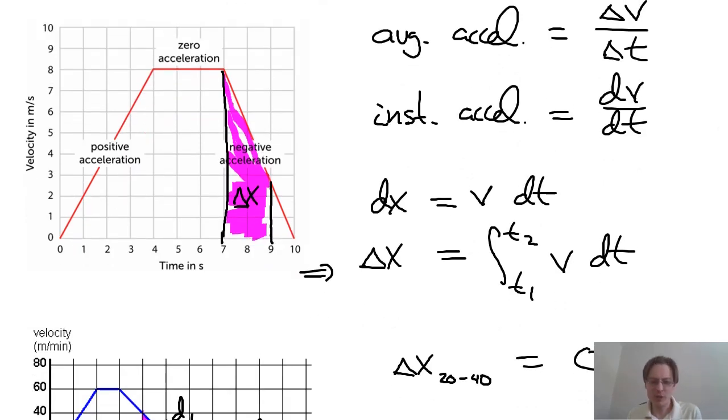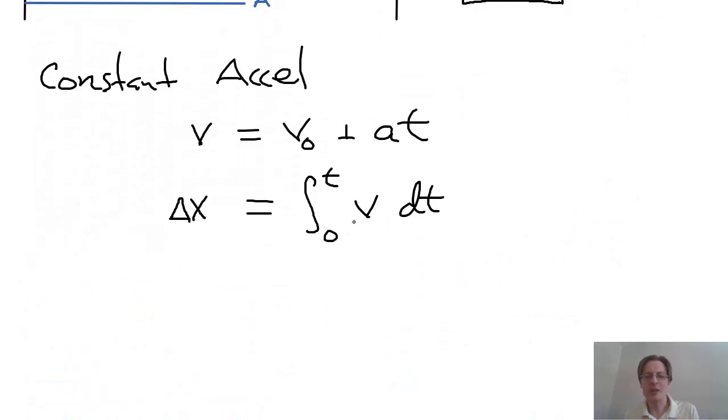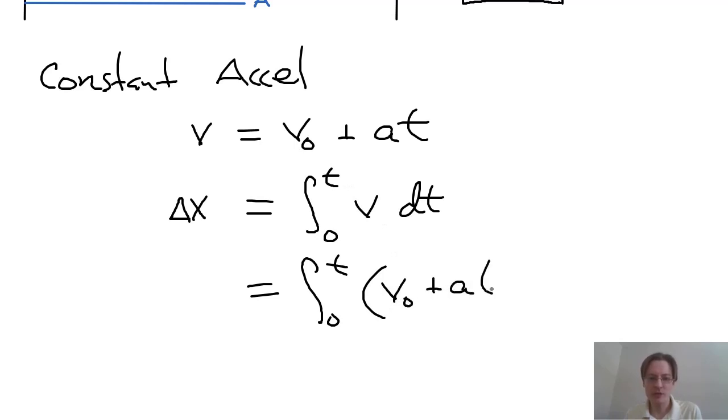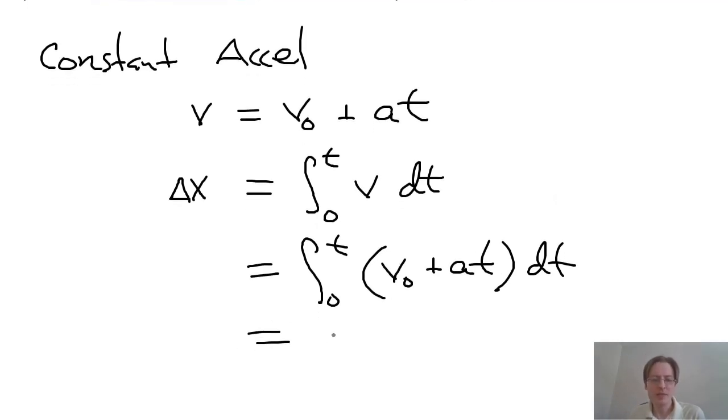We can do it graphically, or it's nice to have an equation to refer to that's more convenient. So I just have to plug in the velocity expression and integrate from 0 to t. The integral that I have to do is v naught plus at. And that's an elementary integral. It gives you v naught t plus 1/2 at squared.